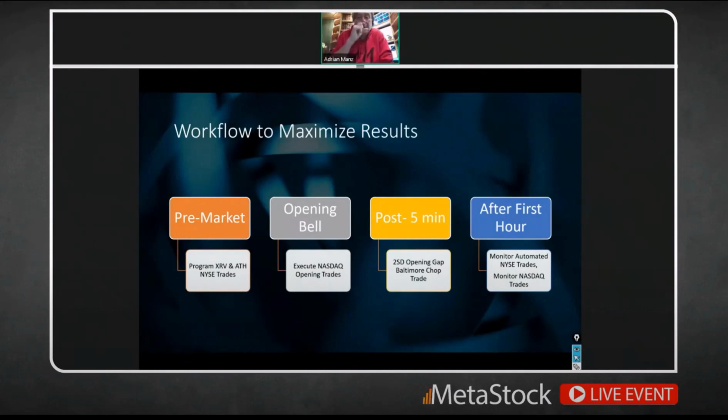Once the 5-minute mark hits, we focus on those 2 standard deviation opening gaps. So we do that from 6:35 in the morning Pacific time until 7 in the morning. And the reason for that is that the scanner finds a distribution that has moved 2 standard deviations away from its average, and over the course of the first 30 minutes, we've got a 95% expectancy that this thing is going to revert to the mean.